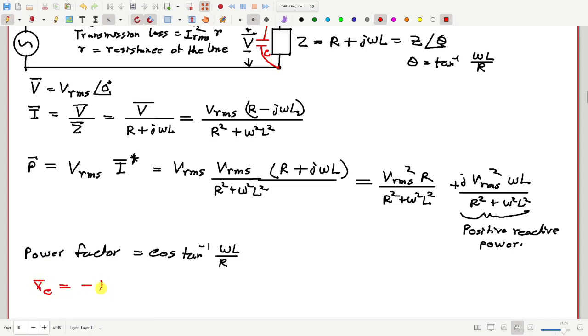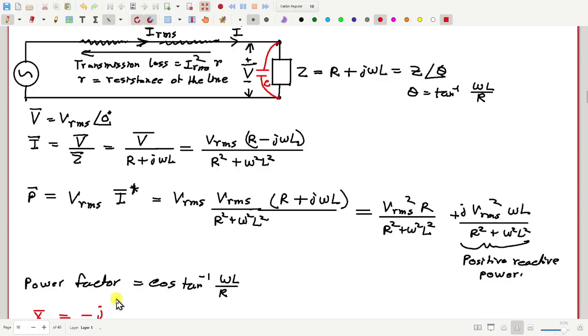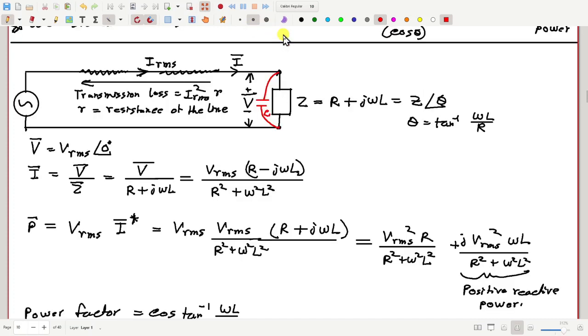That is minus j by omega C. I bar was here, the current which we calculated earlier.